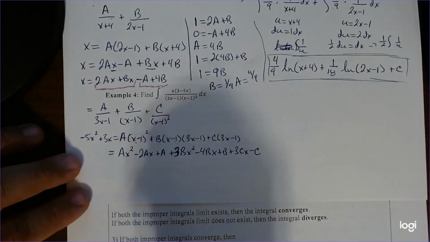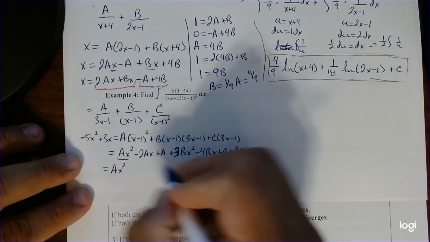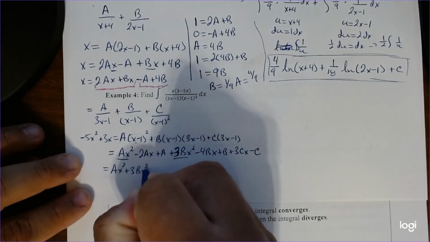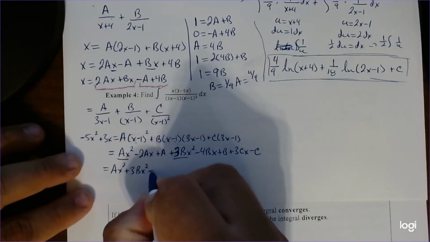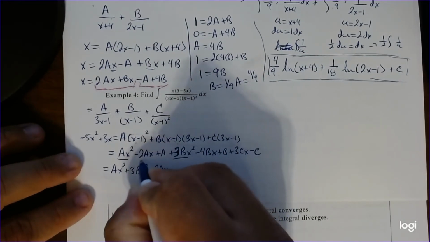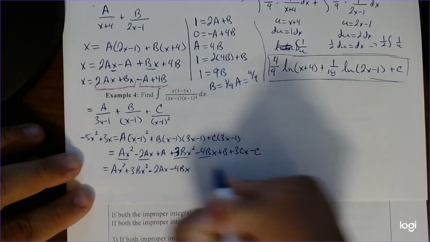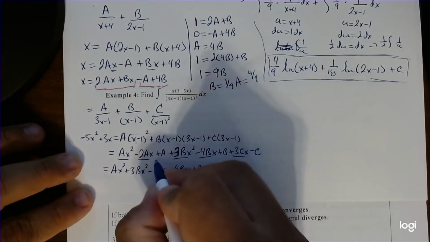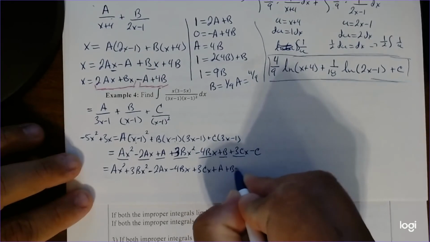All right, so again, putting them together as best we can. So we have ax squared here plus 3bx squared, and that's it for the x squareds. So minus 2ax, minus 4bx, plus 3cx. And then lastly, the single numbers: a plus b minus c.